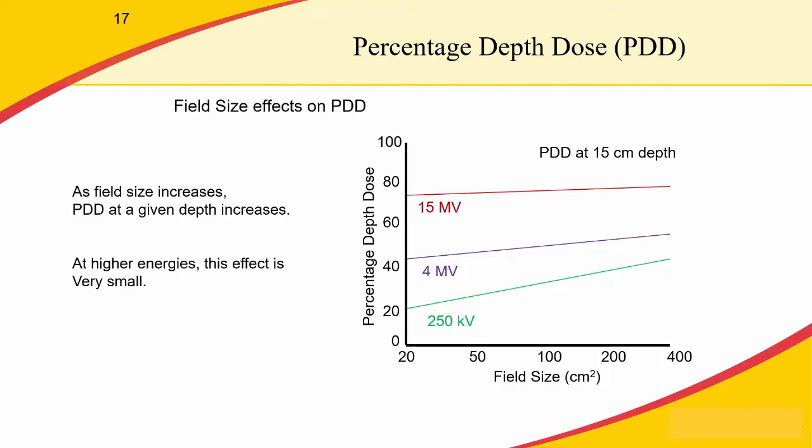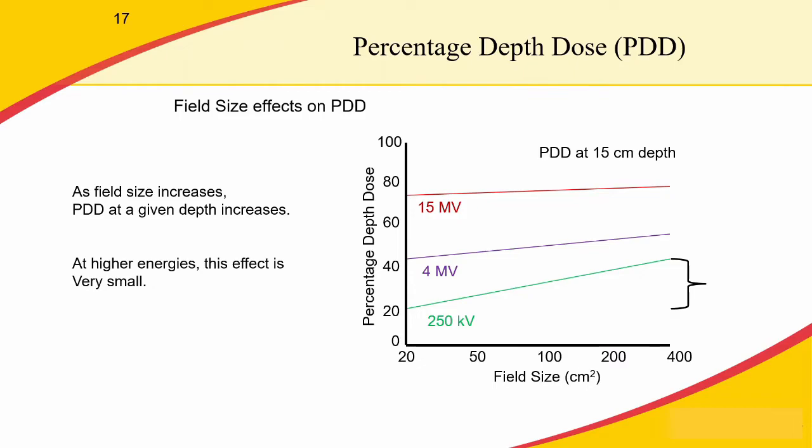One thing to note is that the size of the treatment beam affects the PDD value. So if we were to look at PDD at a fixed depth for our treatment beams, we would see that as the field size increases, that PDD value also increases. For instance here, this effect is very large for lower energy beams, like our 250 kV beam.